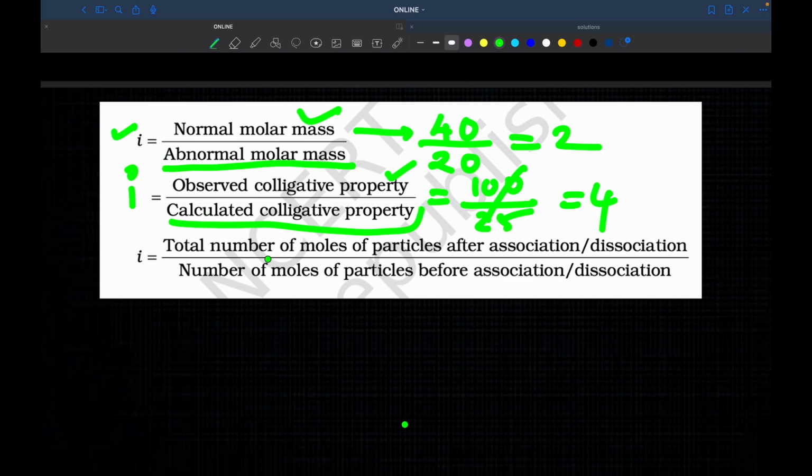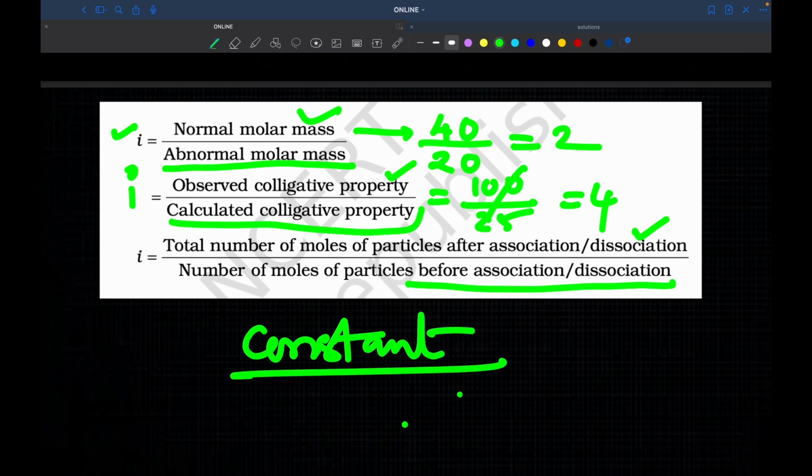Total number of particles after dissociation is given, and before dissociation is equal to its concentration. Look, the values on top are given, and the denominator values are constants every time.